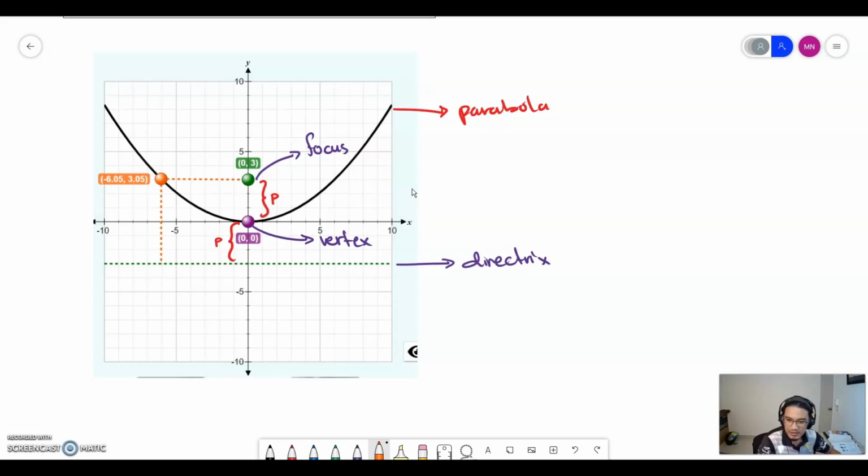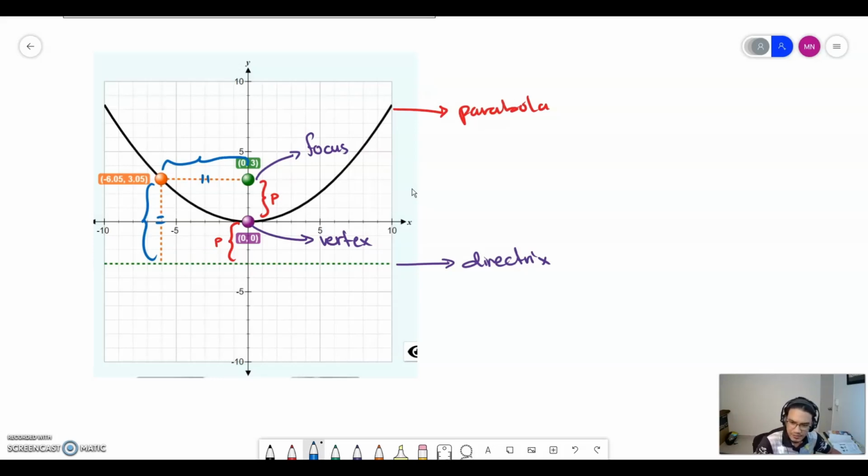The concept is that the distance between the focus, this green dot, and a point on the parabola must always be equal to the distance from that point to the directrix, which is right here, this dotted orange line.